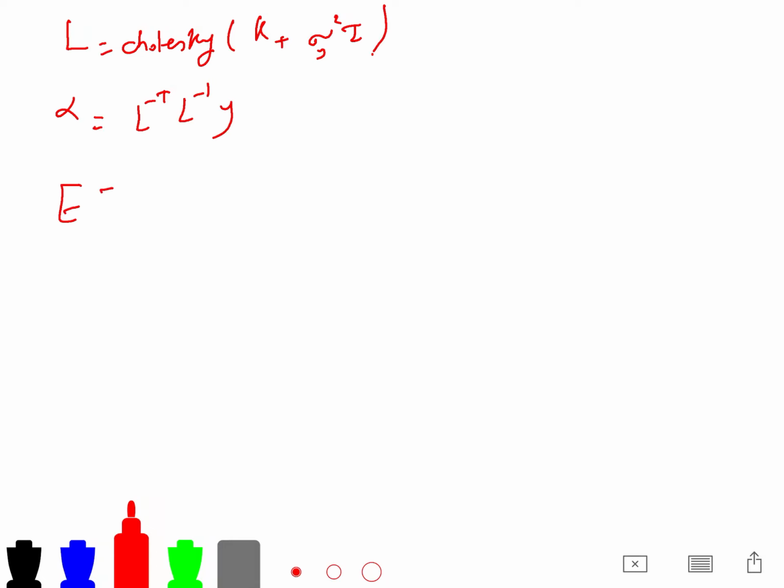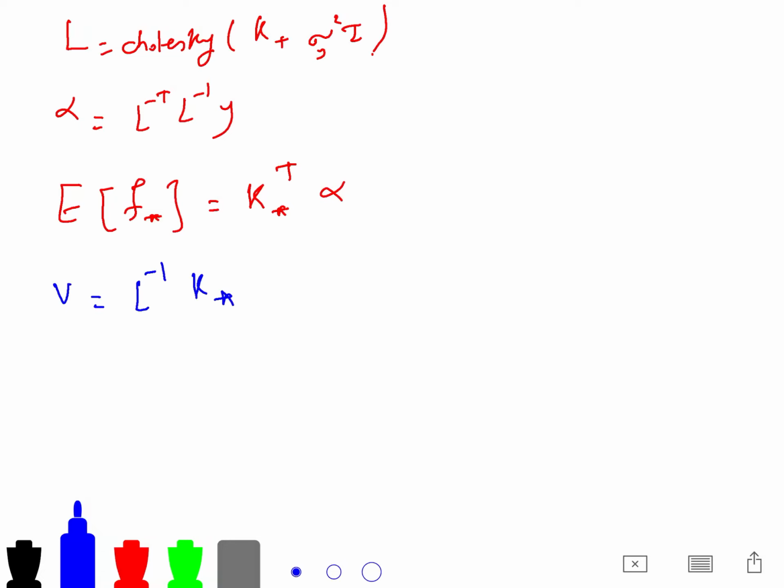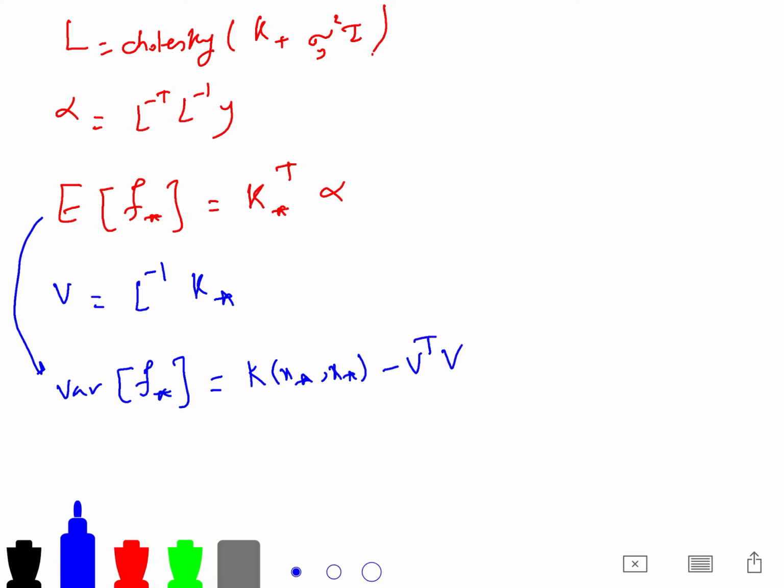And we know that the expectation of f star is just K star transpose alpha. Now use a variable v, L minus 1 K star, and now you have the mean, you have also the variance of f star, which is equal to k of x star and x star minus v transpose v.